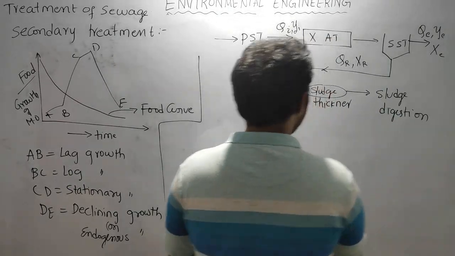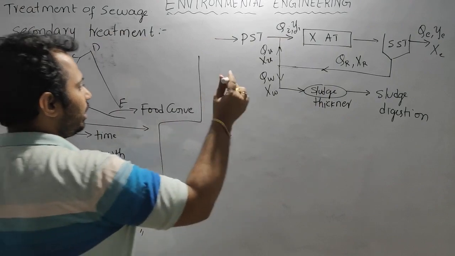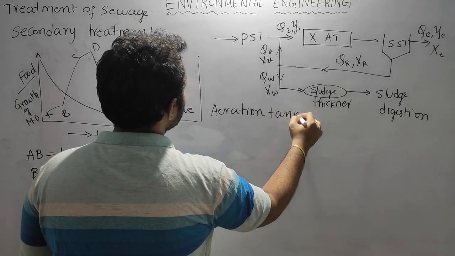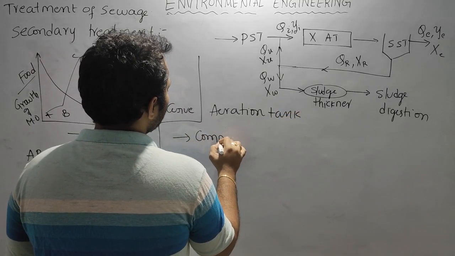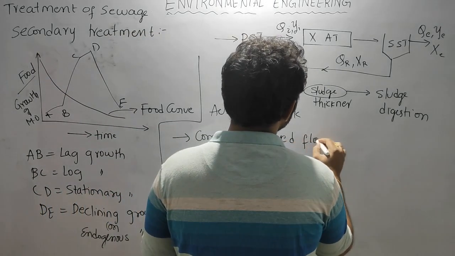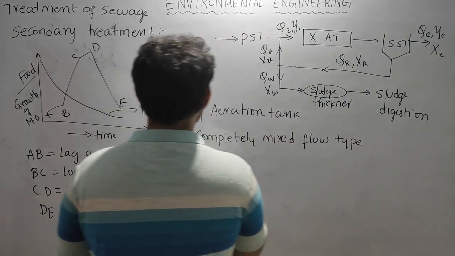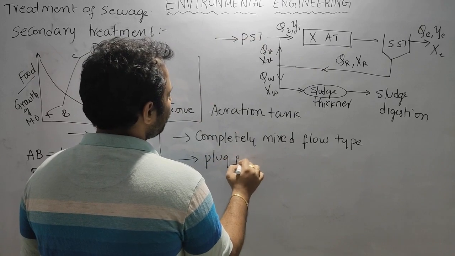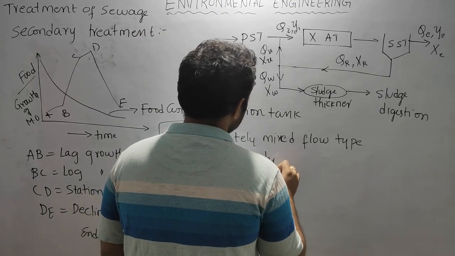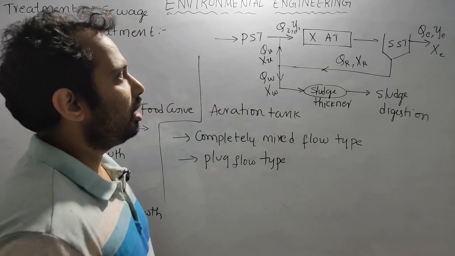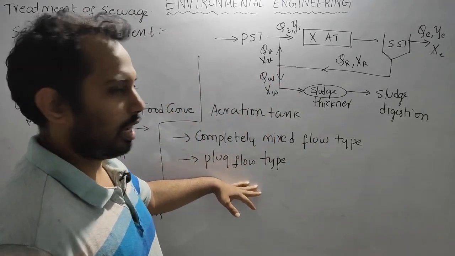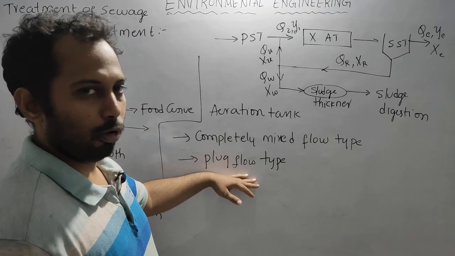Generally these aeration tanks are of two types: the completely mixed flow type aeration tank, and the second one is plug flow. We have discussed this already in the previous lecture during one question. So these are two types of tanks which we generally use as the aeration tank. If you want to have extended aeration or tapered aeration, we use the plug flow type.